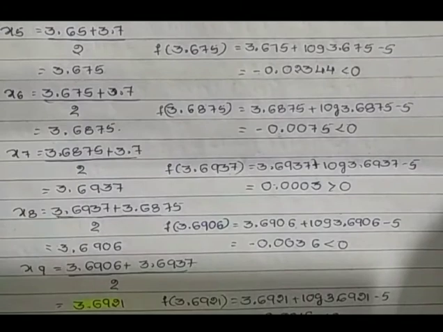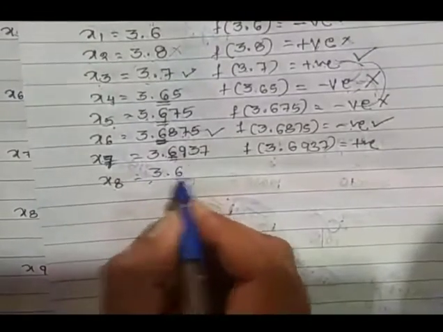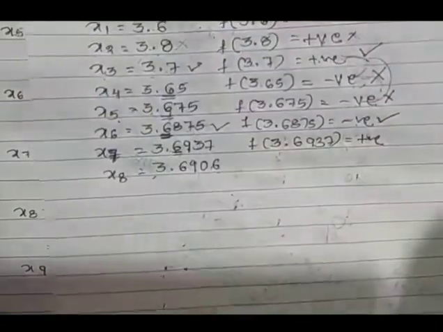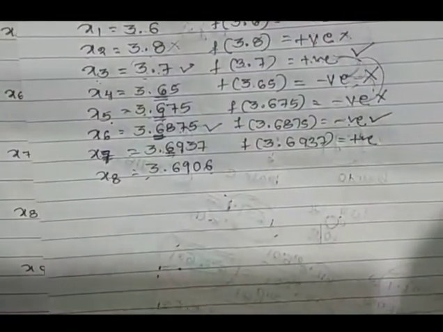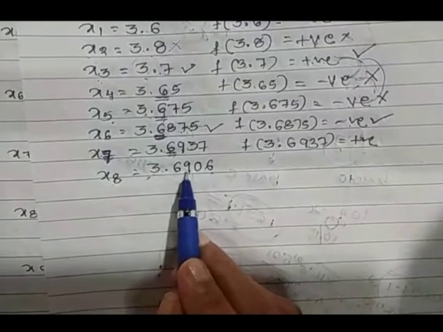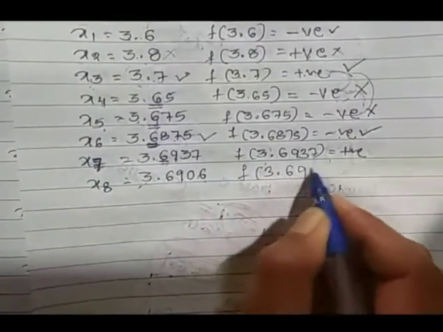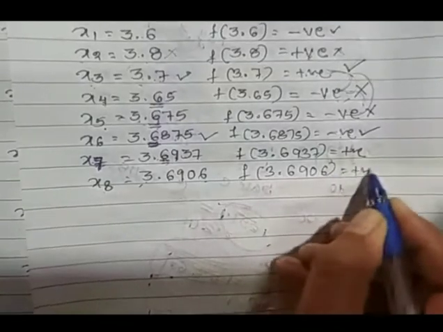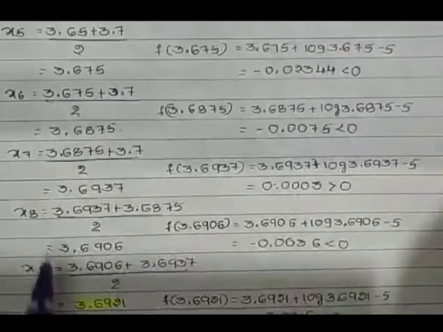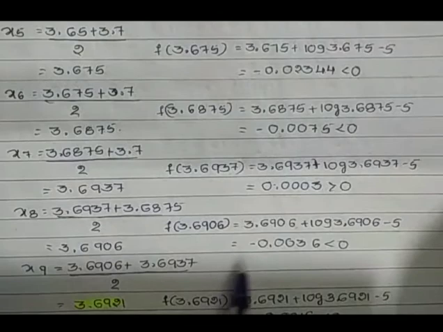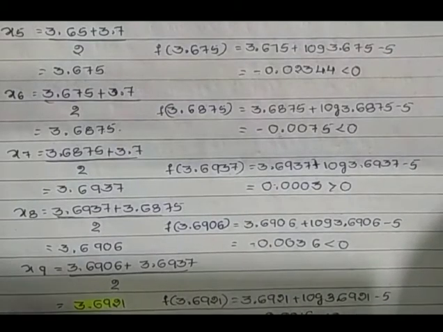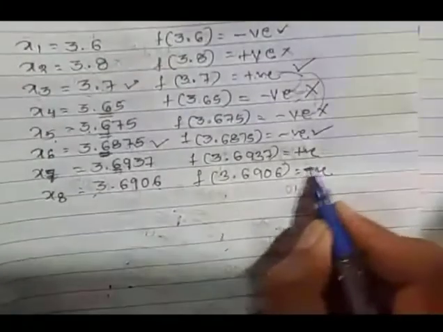So negative value we are getting. Eighth approximation answer is 3.6906, and this is giving us a negative value.